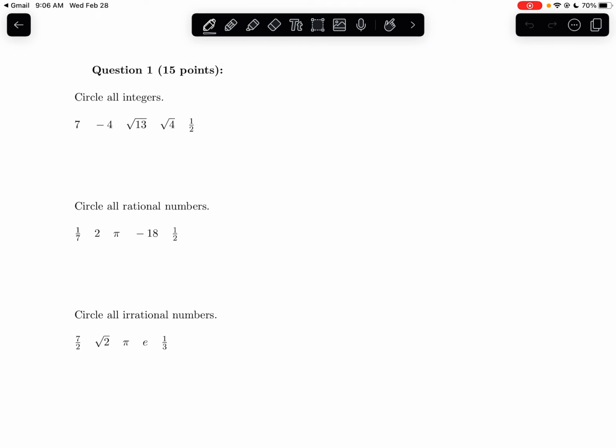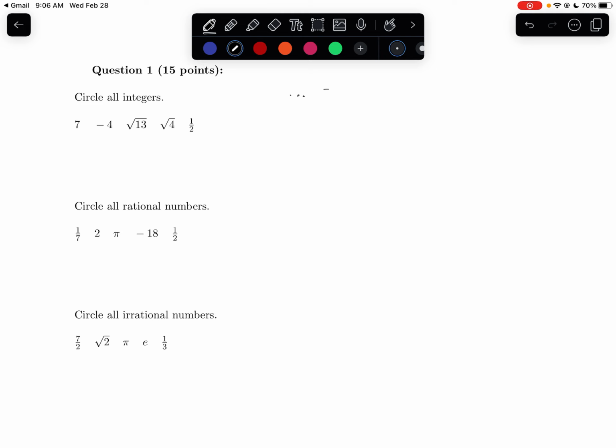Remember, integers are numbers you could think of as the positive and negative counting numbers plus 0. So the integers are given by negative 3, negative 2, negative 1, 0, 1, 2, 3, 4, and so on. And you have the negative numbers as well.